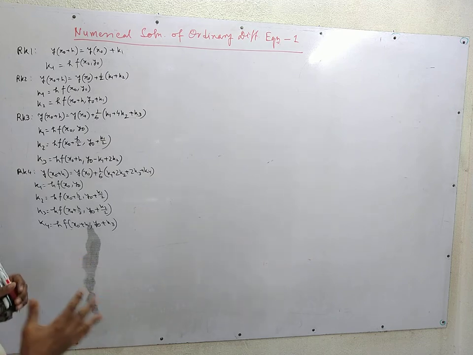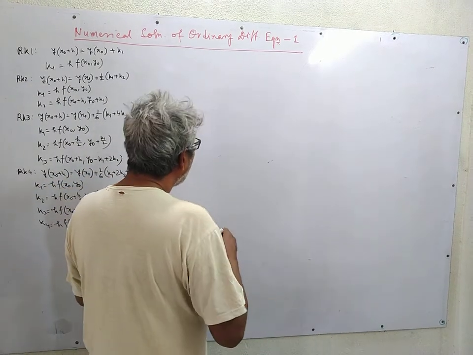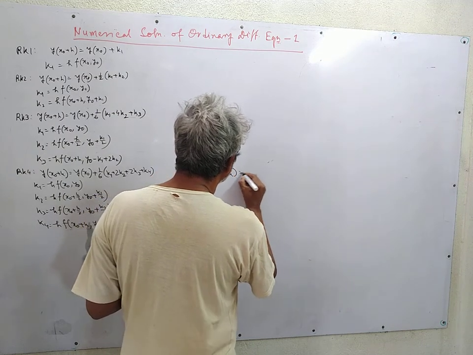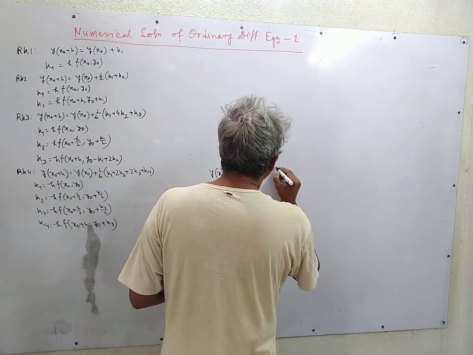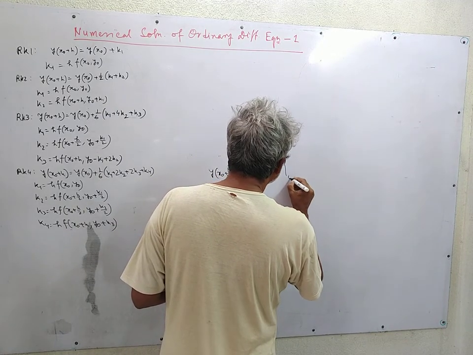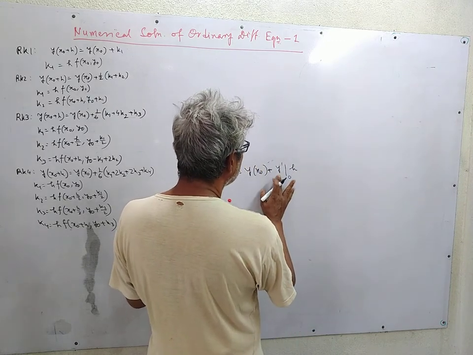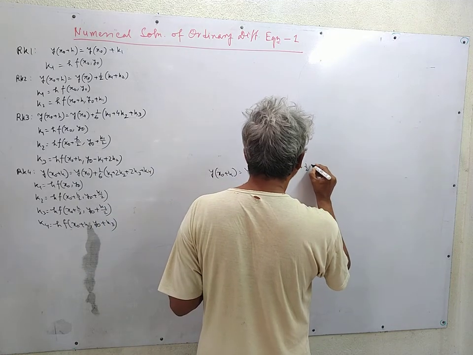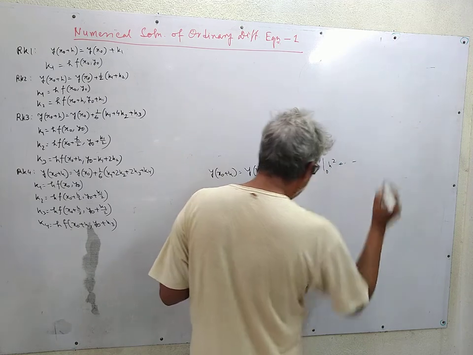If we consider the Taylor expansion, y at x0 plus h is equal to y at x0 plus y prime at x0 times h, plus 1 by 2 y double prime at x0 h square, like this.